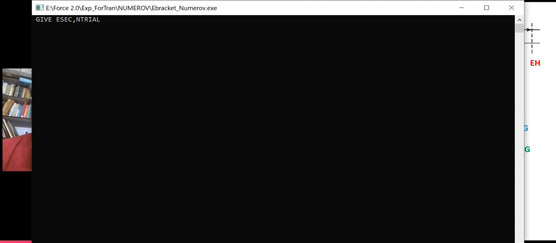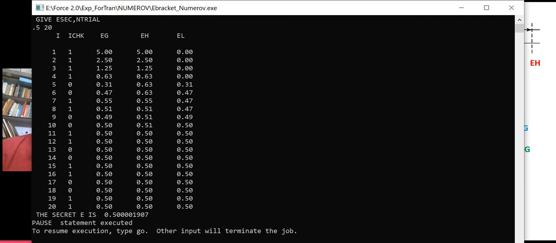So E-sec, say this time I am giving 0.5, and n trial again say only 20. So let us see whether it is giving you, yeah, it is. You see the final result, secret E is 0.500000 something. And EL and EH gradually converge to the same value as that of the exact or secret E value. So that's fine, the program is running.